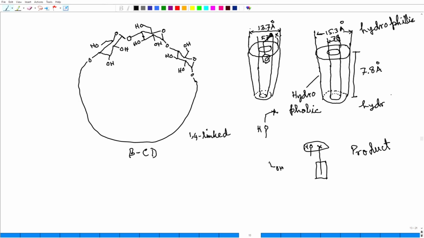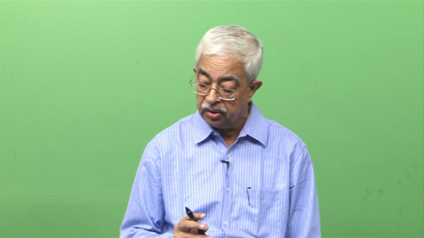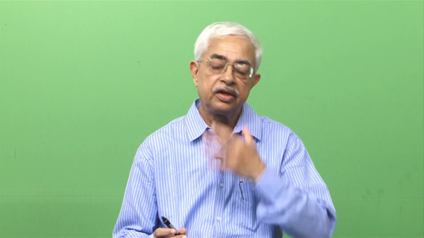The presence of OH groups makes it hydrophilic. So, these are hydrophilic, and the interior is hydrophobic. This is a primary alcohol and these are secondary alcohols here on top, which are more reactive, and then I can easily get things done. So, this is cyclodextrin, and they are very important because they are quite cheap. We can easily get them from the plant kingdom.